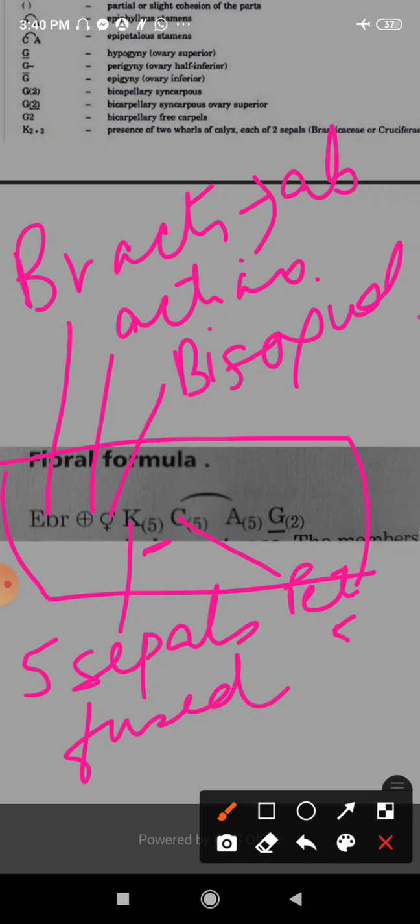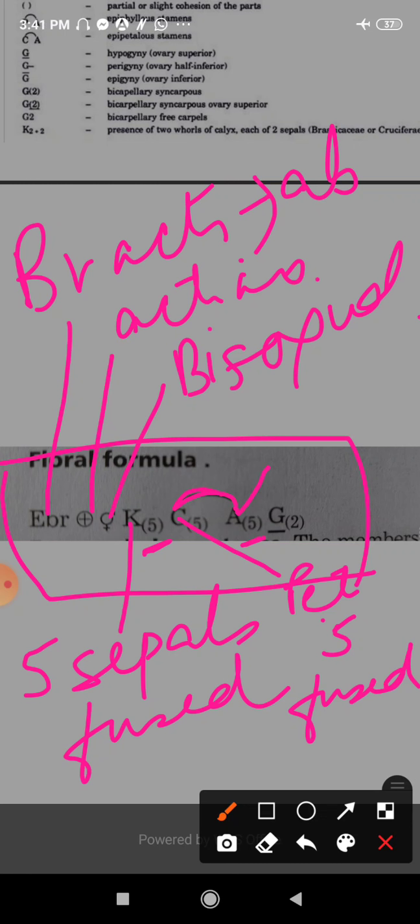Again, the petals are 5 in number, and the petals are also fused because that is also shown in the bracket. Inner to the petals is the androecium, which is also 5 in number, and they are also fused. Also we see that the androecium is attached to the petal, right?